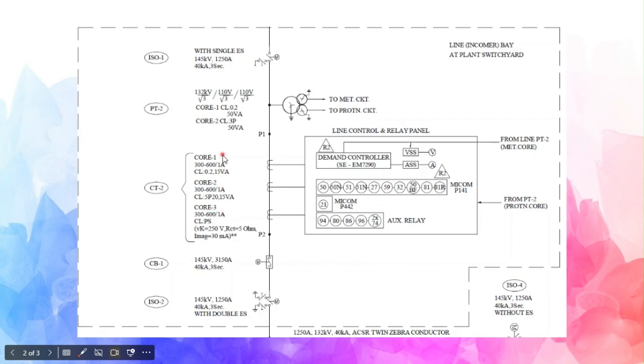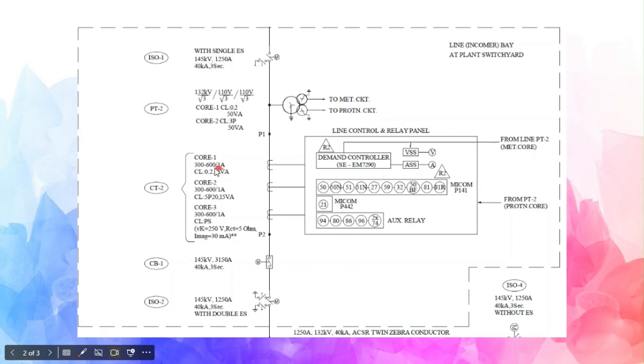The secondary is 1 ampere. Sometimes 5 ampere is also available, but 1 ampere is better because the I square R loss is much lesser. If I use 5 ampere, then it will be 5 square R. So that is why 1 ampere is always a smart choice.